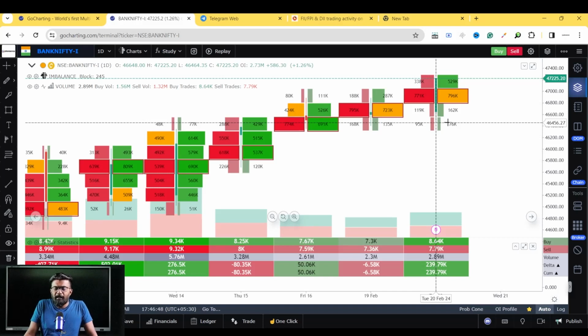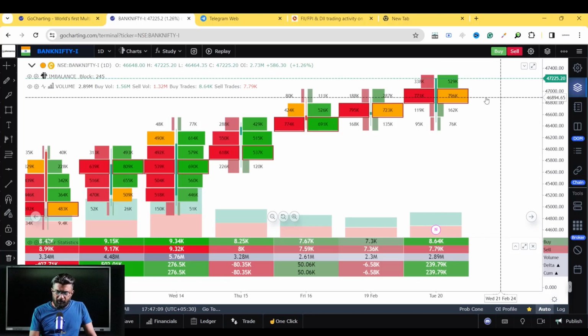So we might have to wait and see. Of course, we need global cues, positive global cues. We'll have to see how the US market works out, if it is working in our favor or not, and so on and so forth, right? As of now, we will see how the market opens tomorrow. As of now, if you see, even the US futures are in the red.